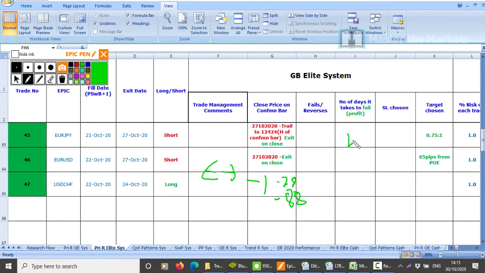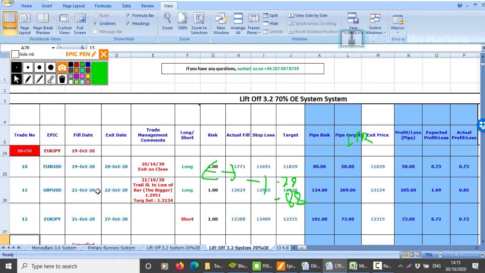Now on the LTR, on the other hand, the other room that we run, what did we have? When we totaled up all the strategies, in terms of Lift Off 3.2, 20%, we had minus 0.81, and we had minus 101 pips as well.